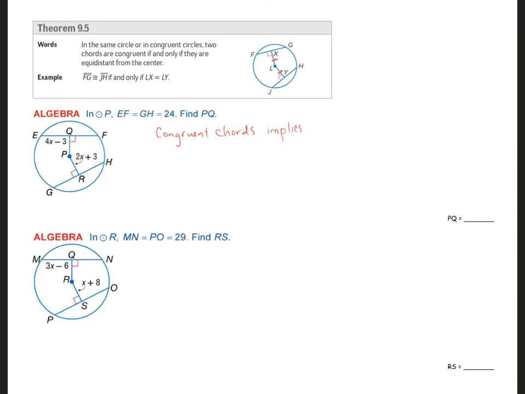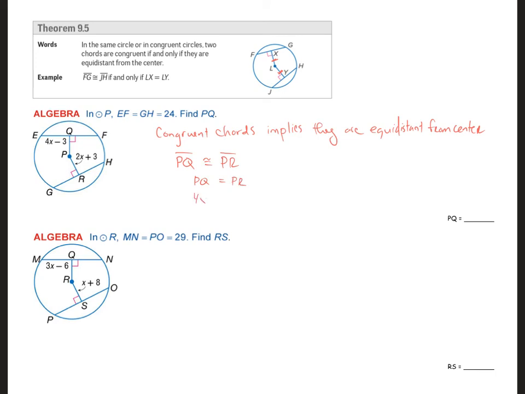So that means that PQ right here is congruent to PR, so PQ is equal to PR.